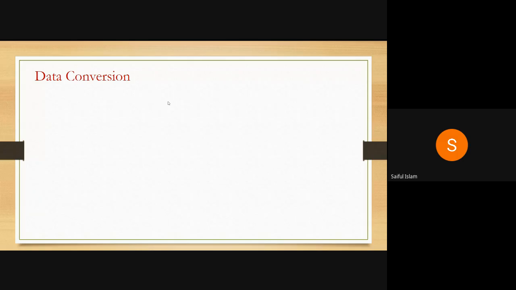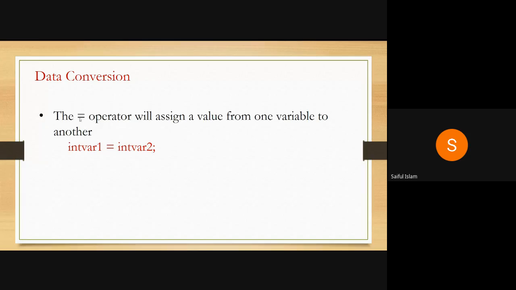If we go by this, the assignment operator will assign a value from one variable to another. Look at this: integer variable 2 is assigned to integer variable 1. Now, with this assignment operator, what does the compiler do? It will check the type on the left hand side and the type on the right hand side.